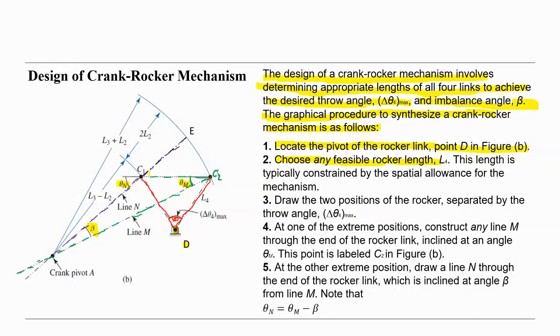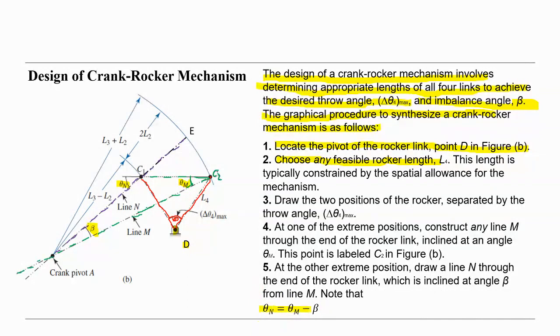But at the end, if we have this triangle like this here, this angle must be beta, which is given.